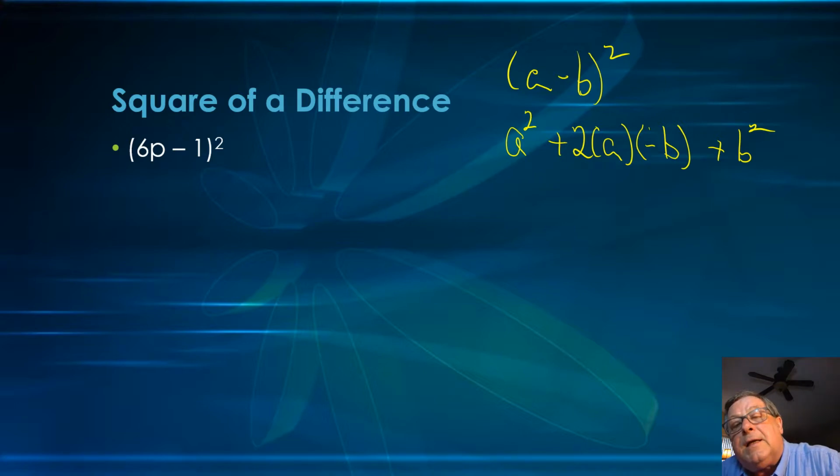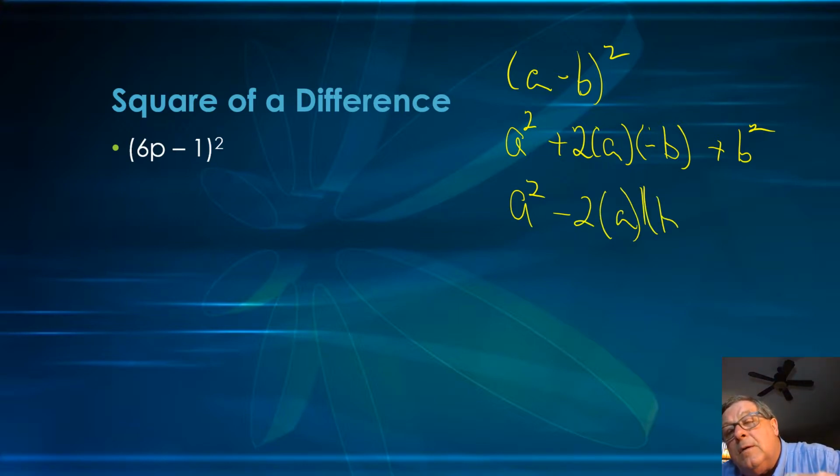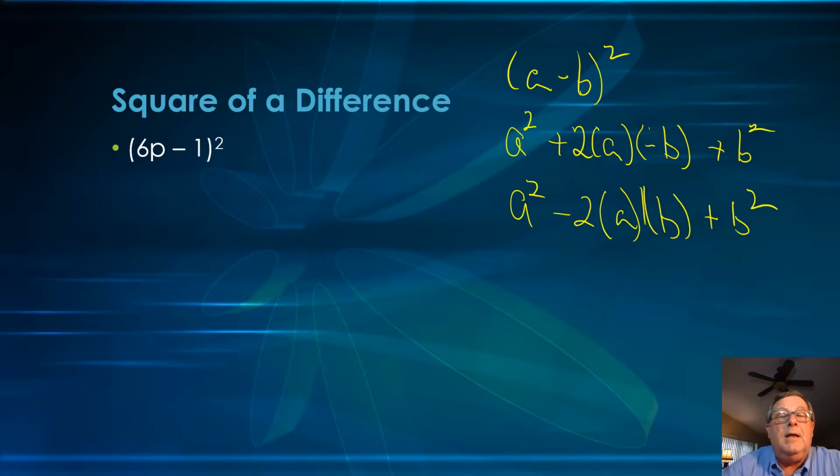But more practically, let's put this pattern in this form: a squared minus 2ab plus b squared. And again, you can FOIL this. Foiling is your go-to. But if you recognize this pattern, this can give you a little bit of a shortcut, which could obviously help you out.